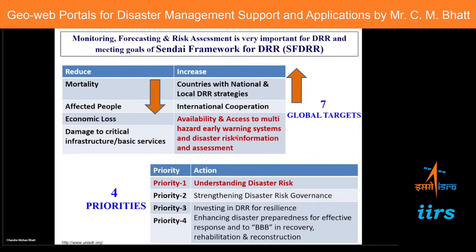It also has four priorities. The Sendai Framework has four priorities, and priority number one says understanding disaster risk. Even for that matter, priority two, priority three, and priority four all require information, and based upon that information only can we implement our disaster management strategies on the ground. Risk can only be understood if we have the hazard information, the exposure, and the vulnerability.